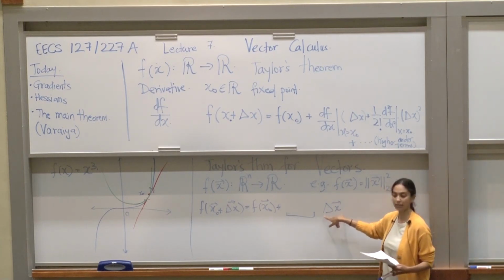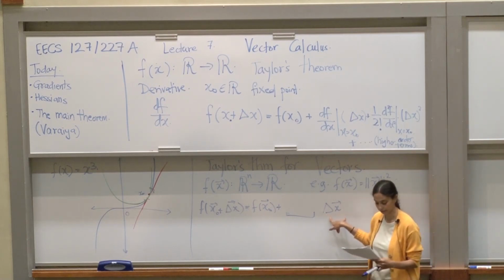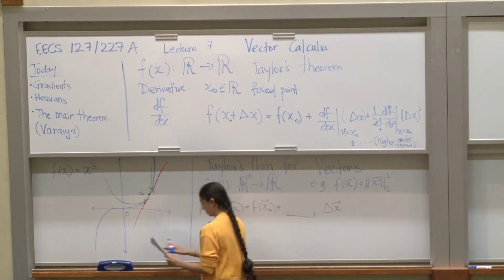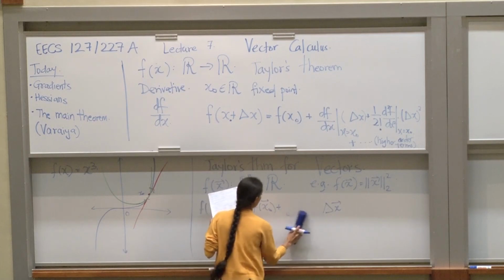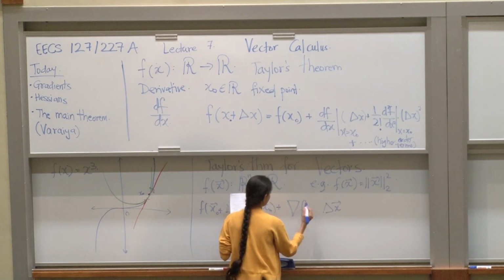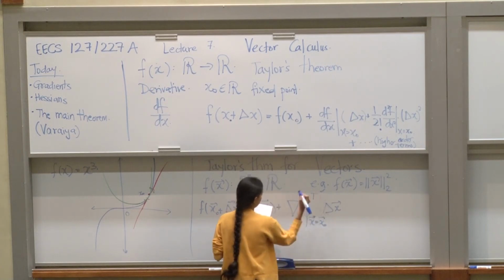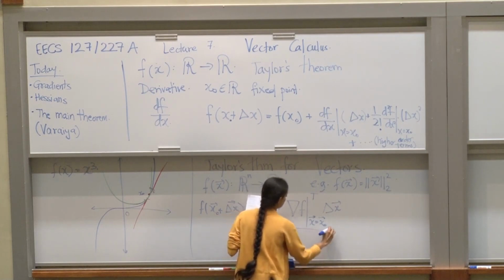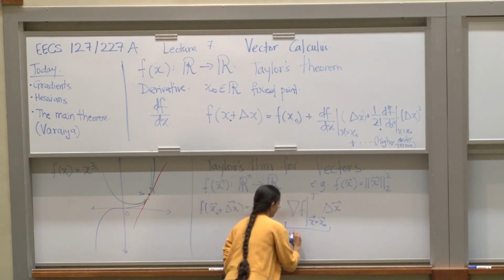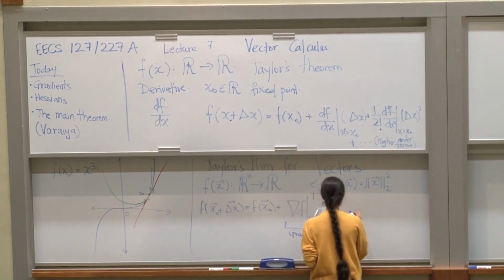Know that if you're multiplying delta x, you had better be something that is a row vector. So what we're going to write here, we're going to call it, with this notation, gradient of f at x equal to x naught transpose, okay? So this is the gradient. We haven't defined it yet, but this is what we're going to write notation-wise.